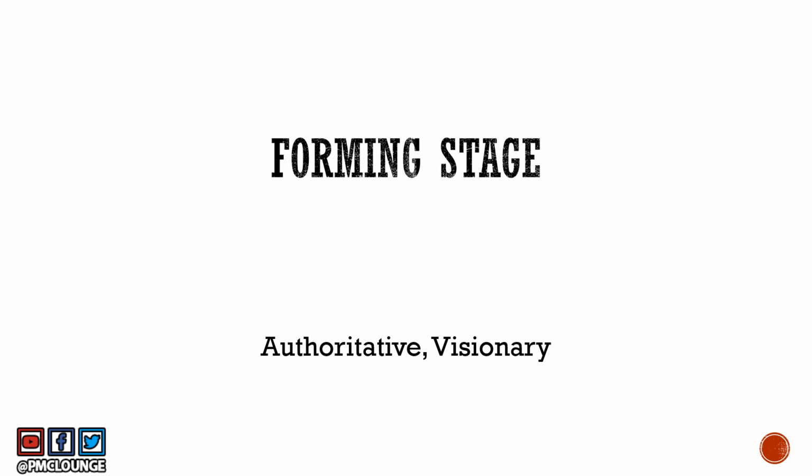So that the team can work towards that vision. You have to be clear about what the next steps are that the team will take, because you cannot leave the team on their own at this point in time. So you have to be authoritative and you have to show that you are visionary. This is the forming stage.